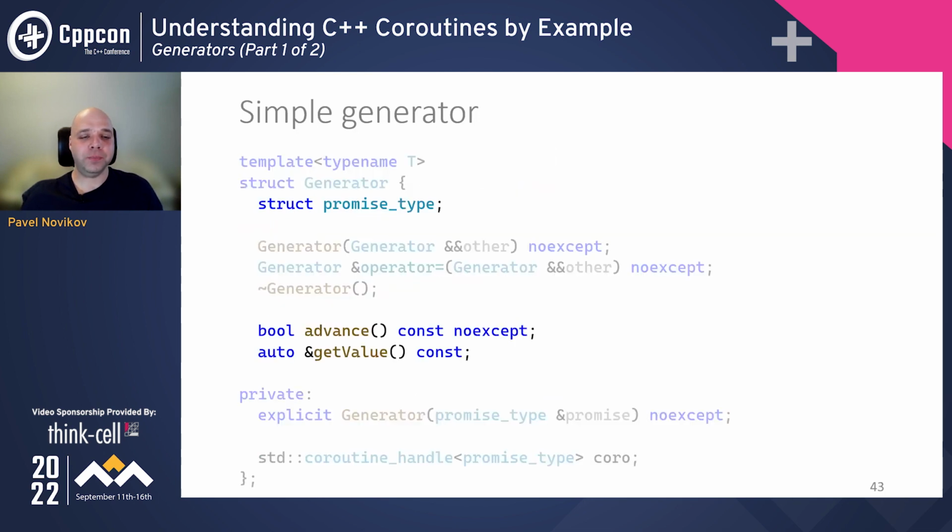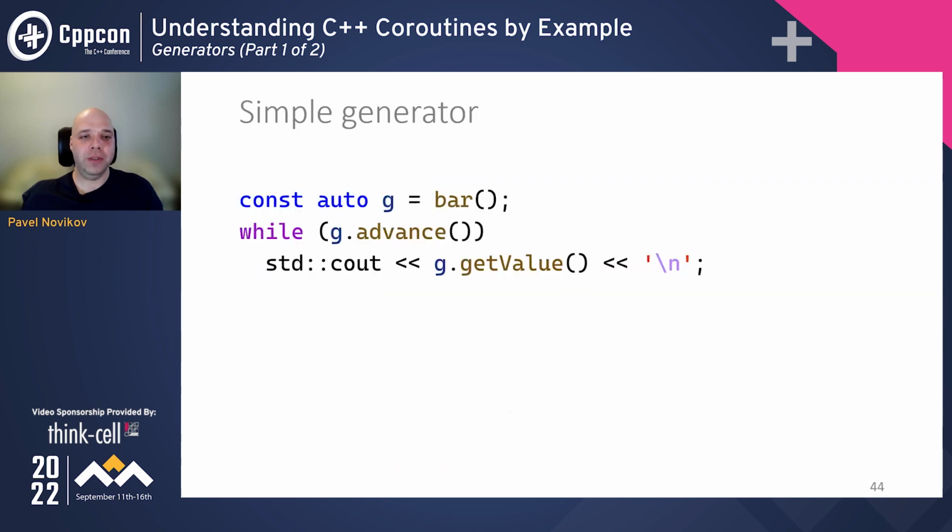Another option is to have two functions like advance and get_value. In this case, the contract is that we have to call advance before we can call get_value.